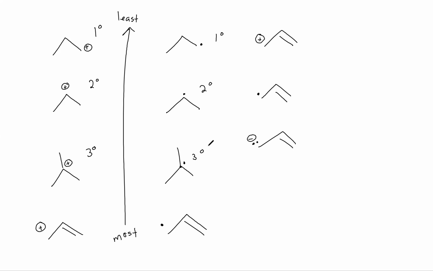And if you remember, the more resonance structures that you have, the more stable you are. So for example, this one up here would show its resonance structure, swinging the double bond over between these two carbons and away from this carbon, thus forcing the positive charge onto the other carbon.